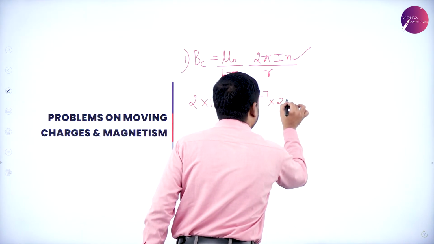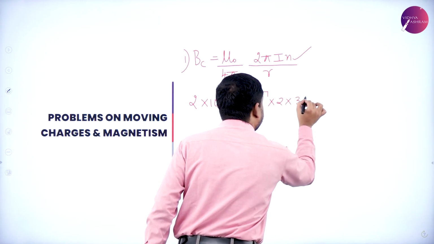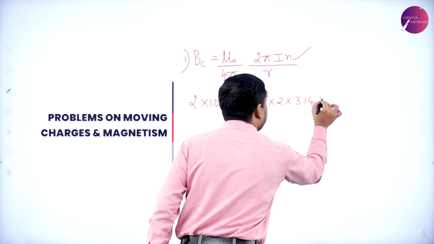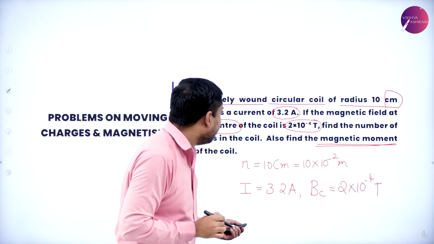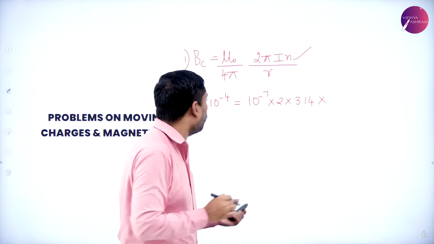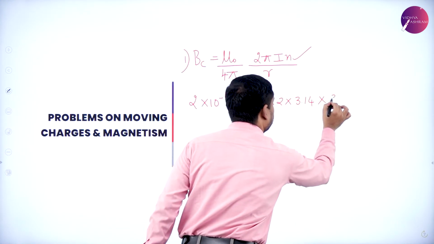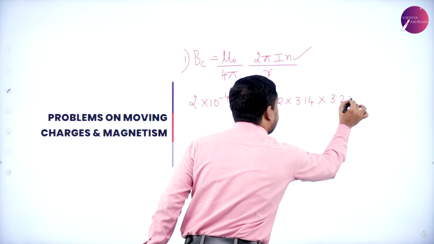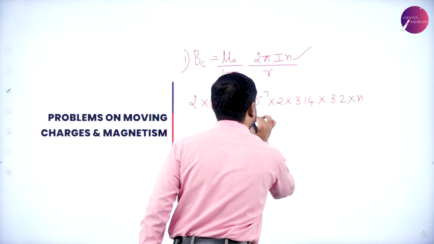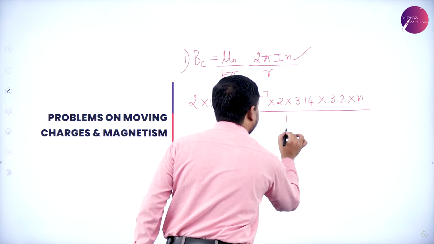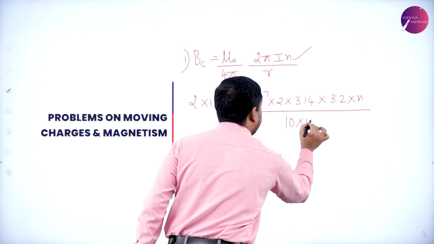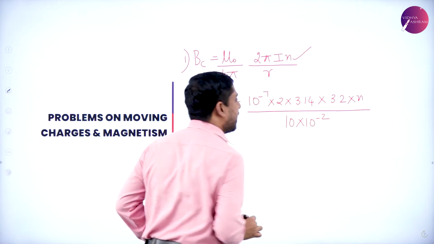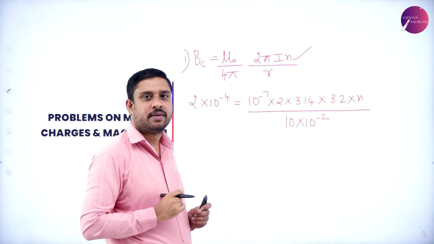into 2 into 3.14 into I, which is 3.2. N has to be calculated. Radius is 10 into 10 power minus 2 meters.